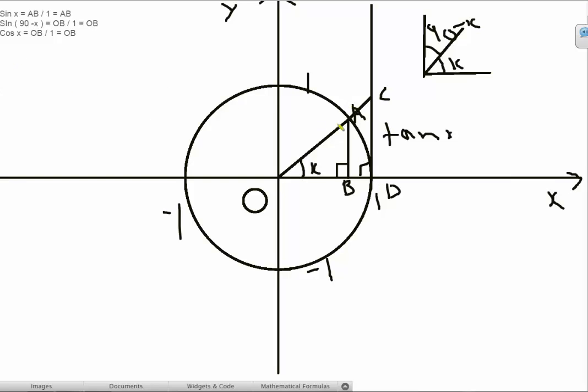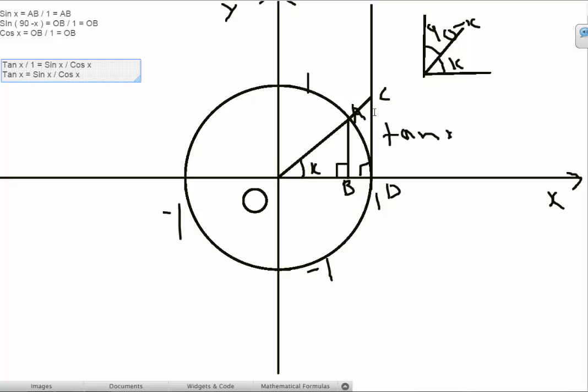So now we can deduce that CD, which is tan x, divided by this length OD, which is 1, is the same as AB, which is sine x, divided by OB, which is cos x. So we end up getting tan x is sine x over cos x.